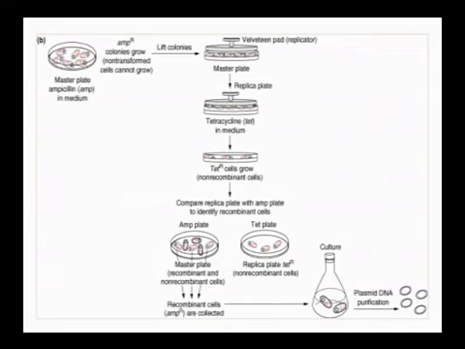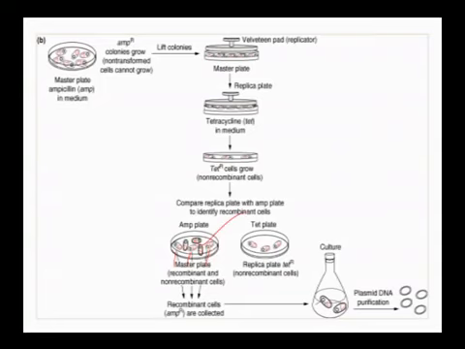In the replica plating method, the non-recombinant cells have grown, but we do not have recombinants to select. We can select these recombinants by comparing with the master plate. Once we compare these, these 3 are non-recombinants and these 3 are recombinants.